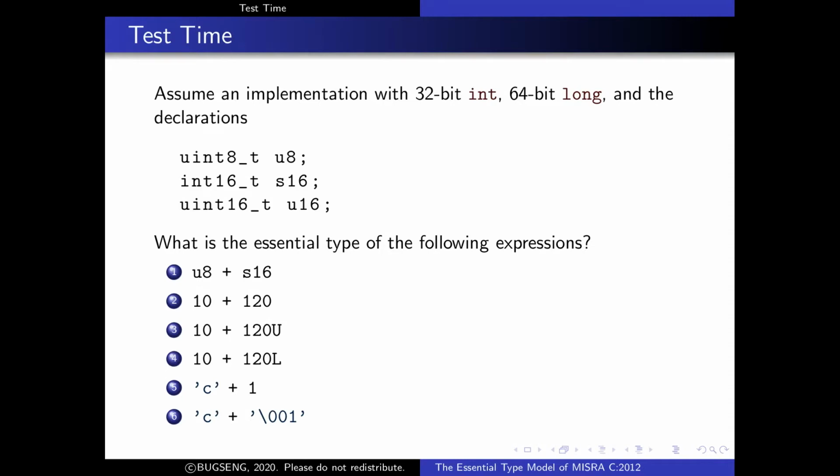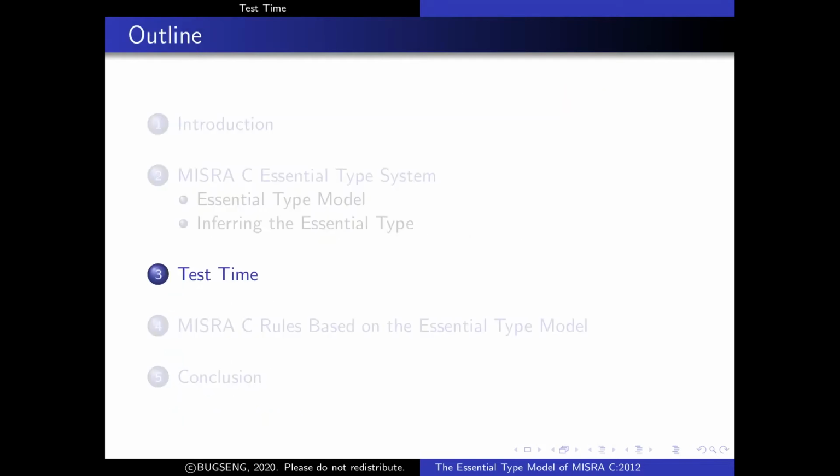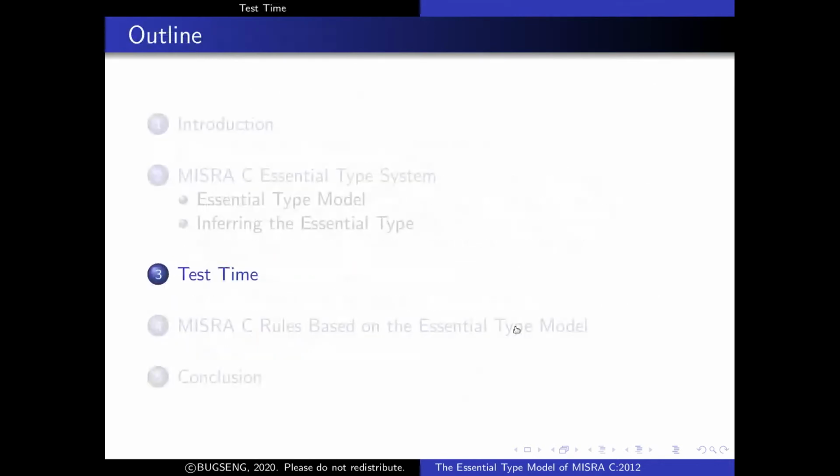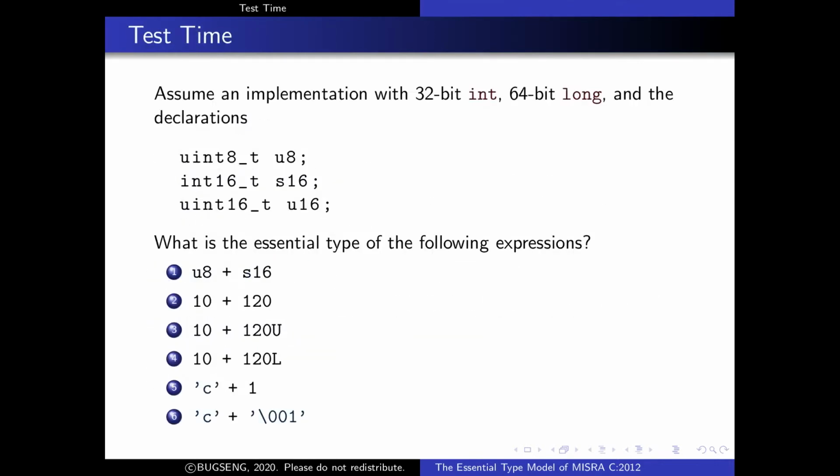Only when the operands are both essentially signed or unsigned does this rule apply. Otherwise, the result is the same as the C standard type. So U8 will be promoted to 32-bit int, S16 to int, and the usual arithmetic conversions are such that the addition will take place in signed integer 32 bits, and this will also be the type of the result.